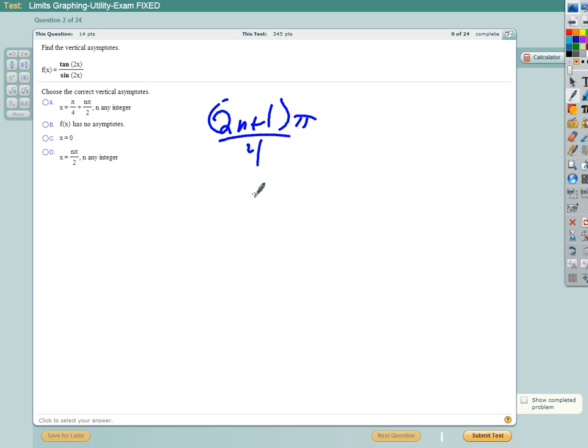I guess if I just distribute the 1/4, then I get n pi over 2 plus pi over 4. Maybe pi over 4 out front. That's their answer. Okay, same thing though. They just simplify, although really the simpler way was what we had. I don't know why they do that. Okay, moving on.